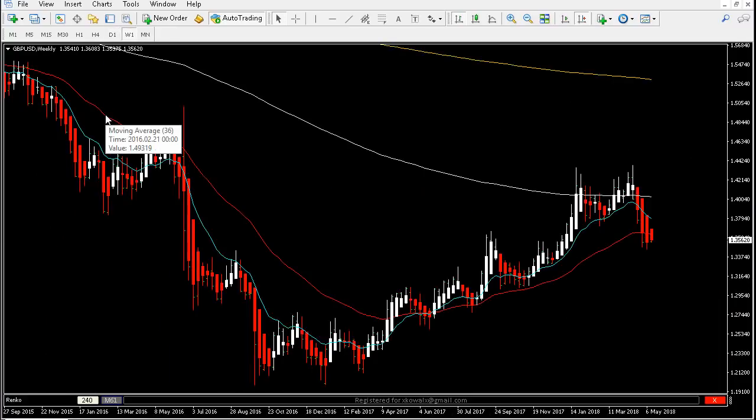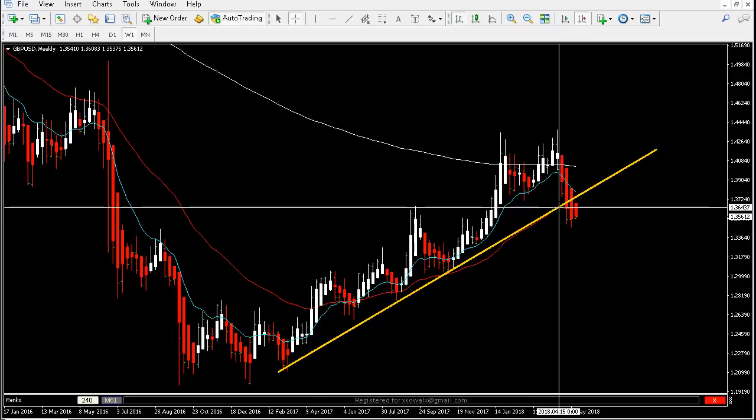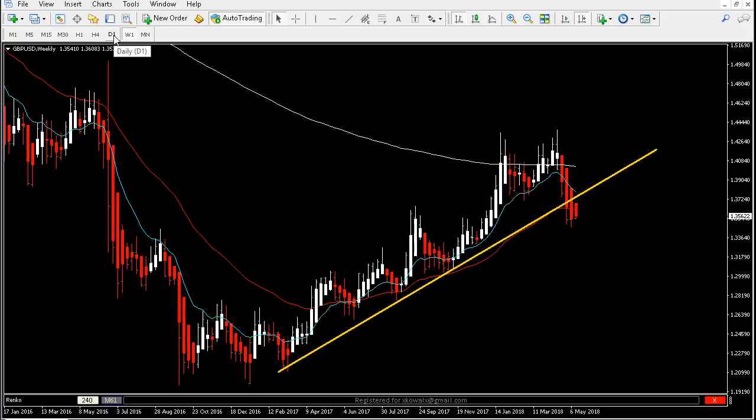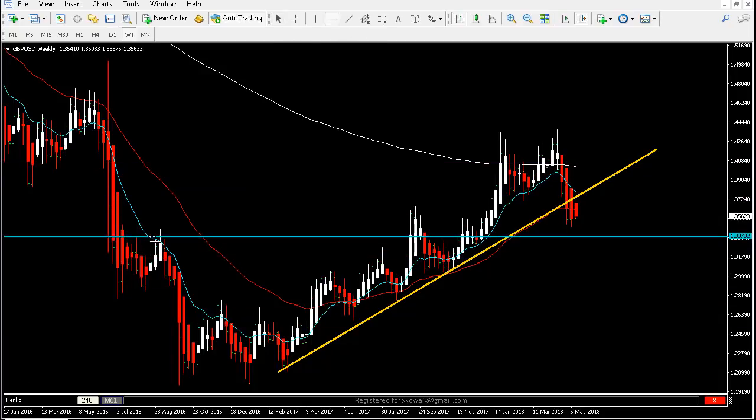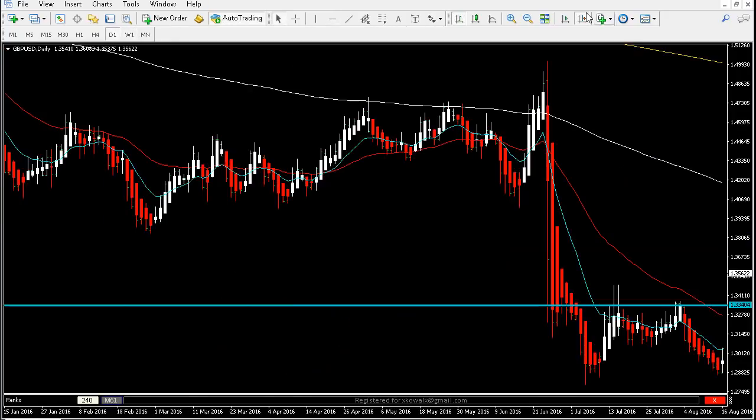On the weekly chart, for all traders that actually missed the previous sessions, price did break our major support line on the weekly chart, so we didn't have more bounces in this area. And we can also draw quickly a horizontal support line down here, our next targets for the shorts.